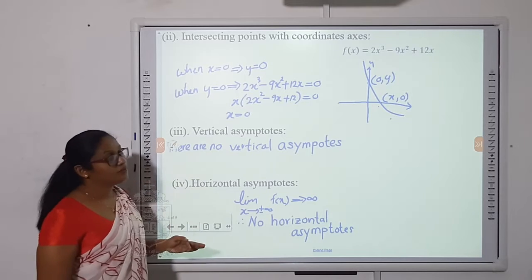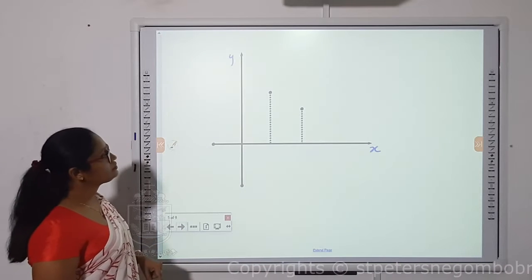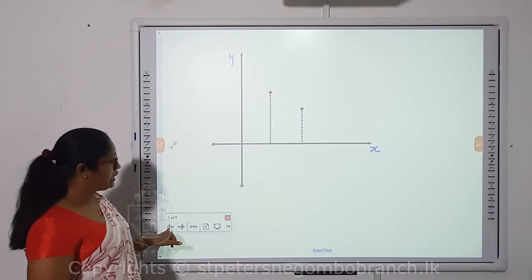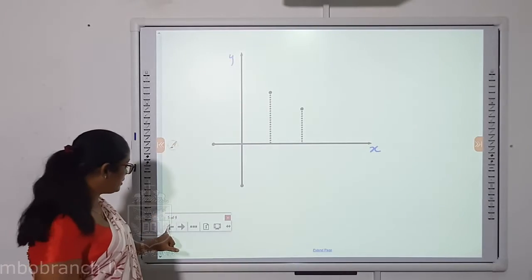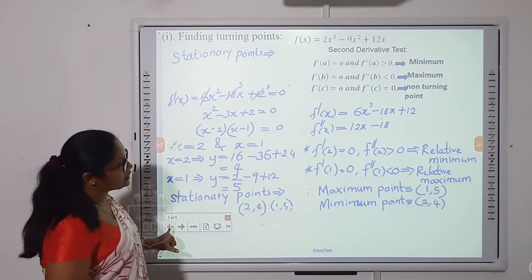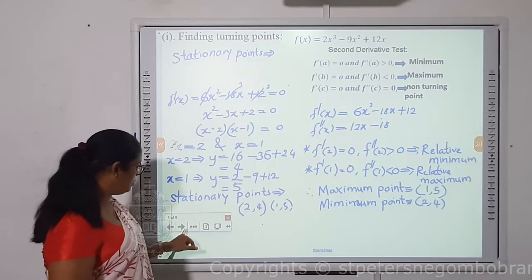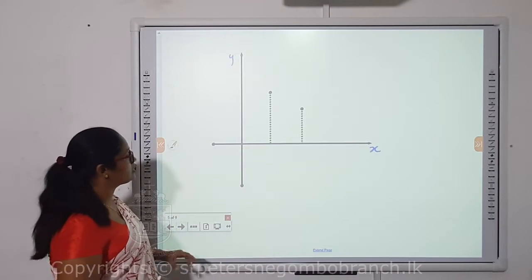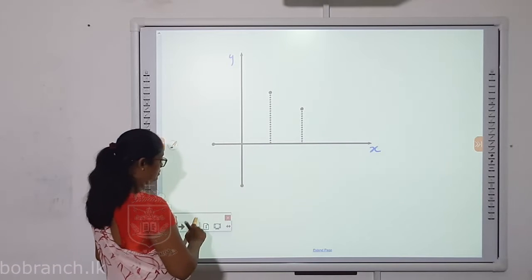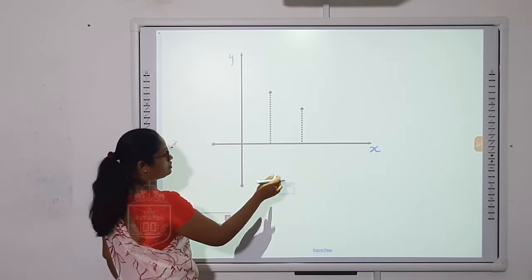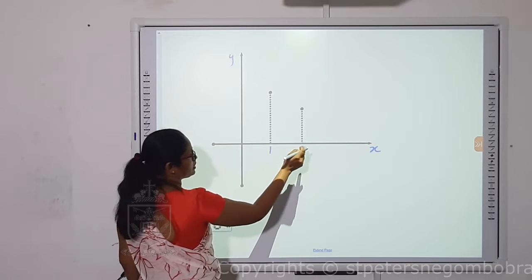Now using this information you can start to sketch the curve, right? Earlier we found the minimum point and the maximum point. We go back and see: the maximum point is (1, 5), the minimum point is (2, 4). So I just mark those points. I take this place as 1 and this place as 2, that means x equals 1, x equals 2.